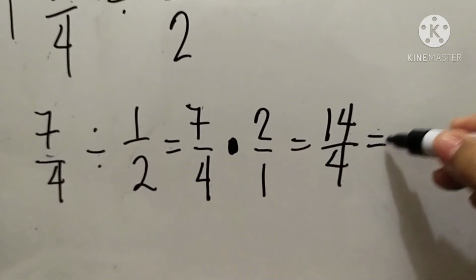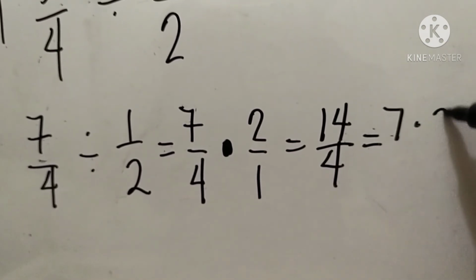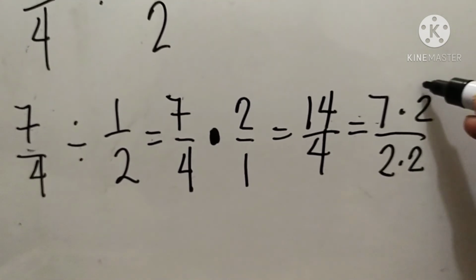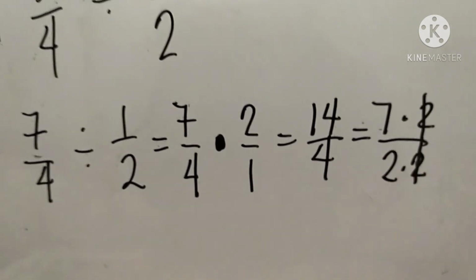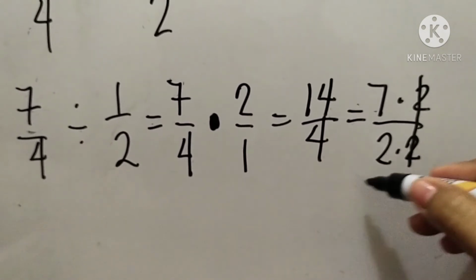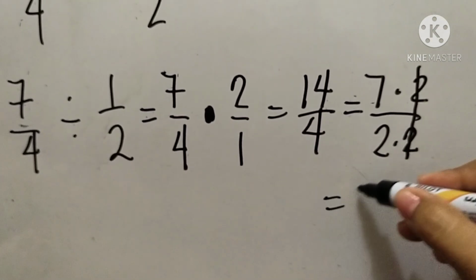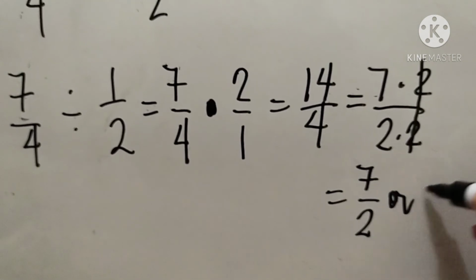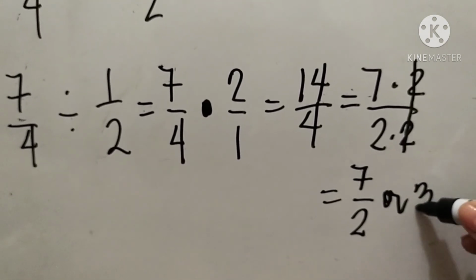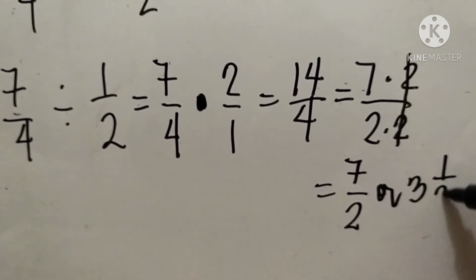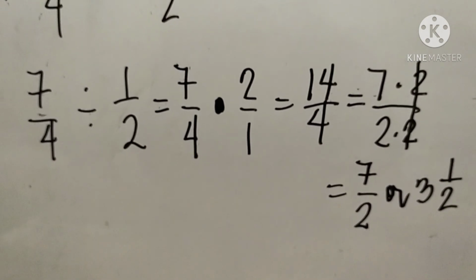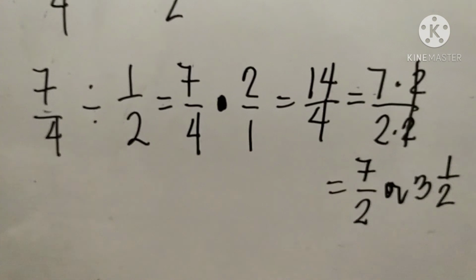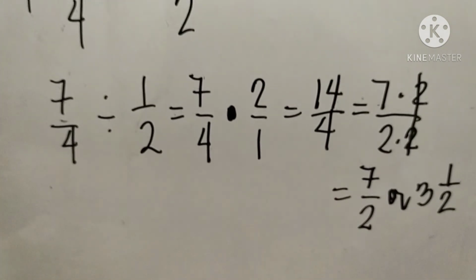But the factors of 14 are 7 times 2, and we have 2 times 2. This is 1, because 2 divided by 2 is 1. Therefore, we have now 7 over 2, or 3 and 1/2. That is in mixed number because the numerator is bigger than the denominator.